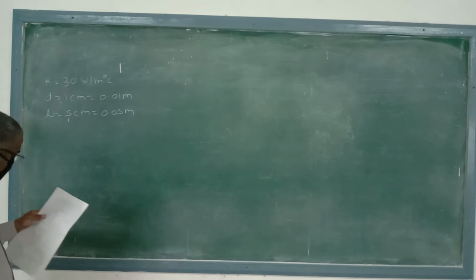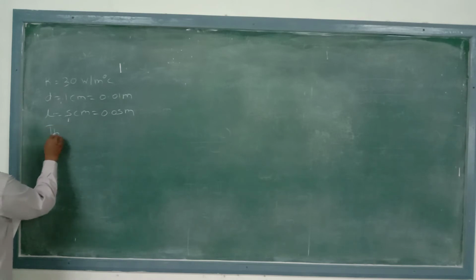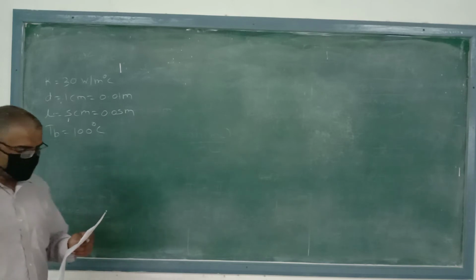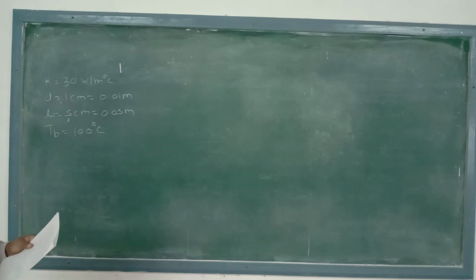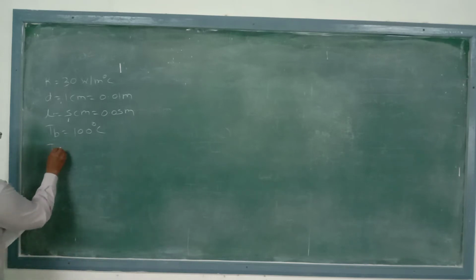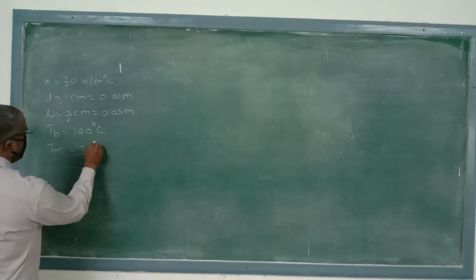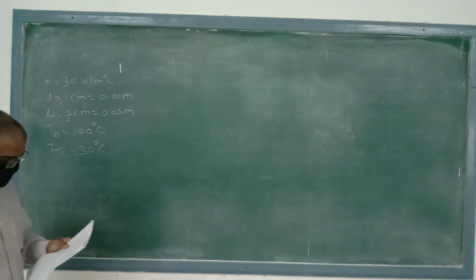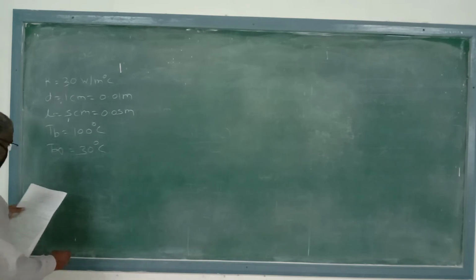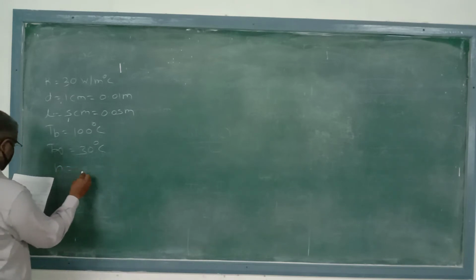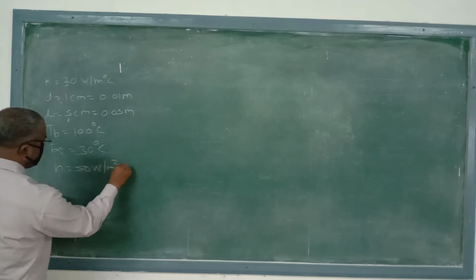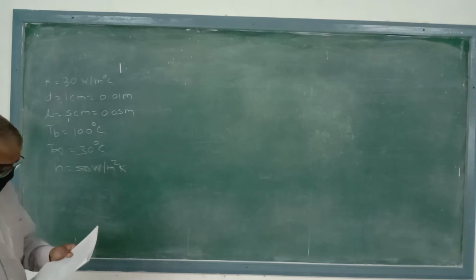Next, temperature of the base. They have given T_B is equal to 100 degrees Celsius. The rod is exposed to an environment with temperature 30 degrees Celsius, so we are writing the temperature of the environment as 30 degrees Celsius. Next, they have given the convective heat transfer coefficient, that is the value of h, which is 50 watt per meter square Kelvin.